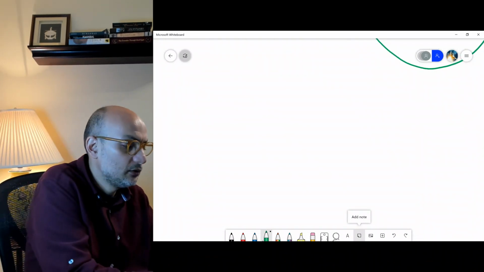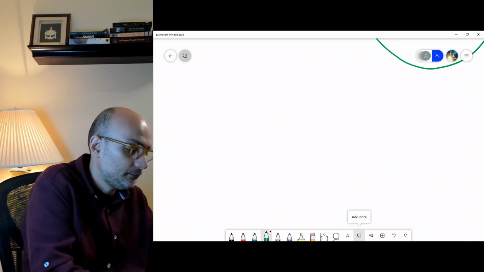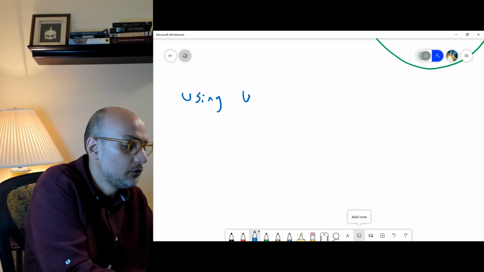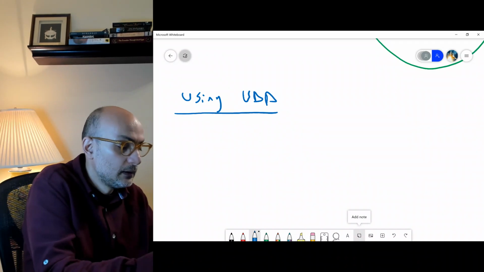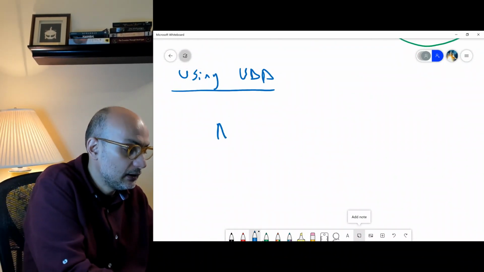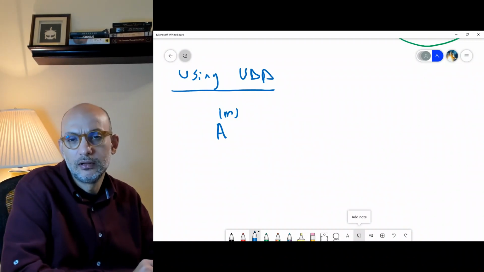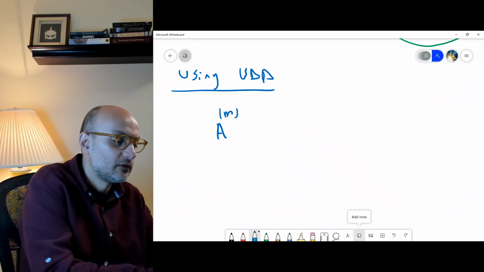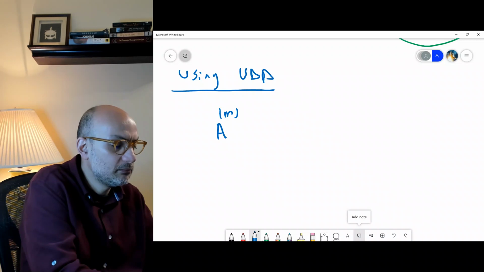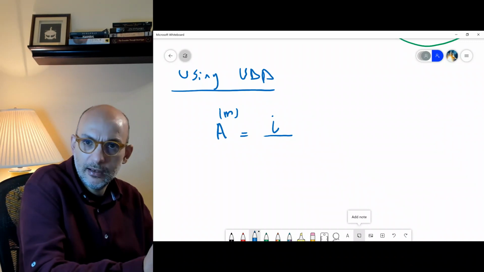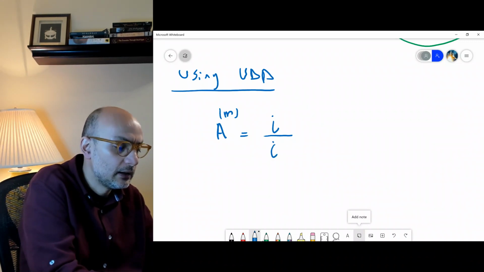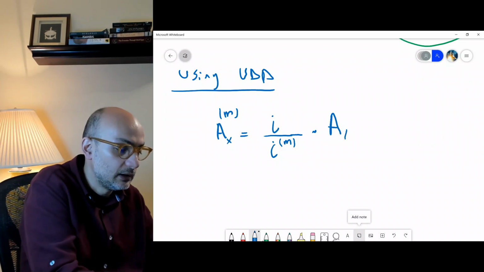So the assumption here, using UDD, same logic. Now what we'll have, A^(m) where m, if it's monthly, will be 12, if it's weekly, it will be 52. So it will be paid at the end of the m-th period. It's the same logic. You have your I over delta like what we did, but now instead of delta, we'll use i^(m), multiplied by A_x.